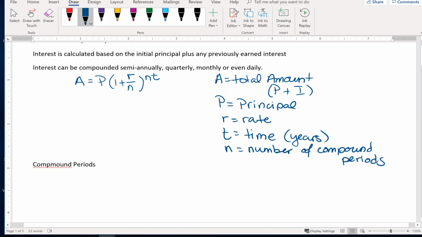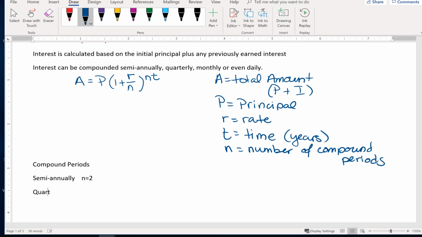Well, if we were compounding semi-annually, that means that n would be 2, because there would be just 2 compound periods within the year. If we were compounding quarterly, this means that our value for n would be 4, because it's happening every quarter of the year.